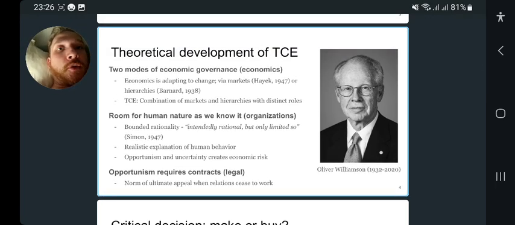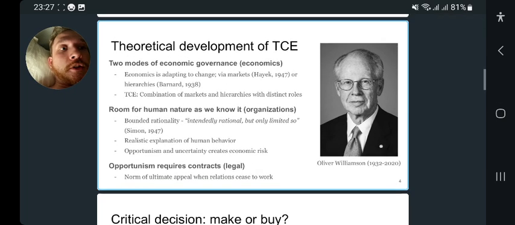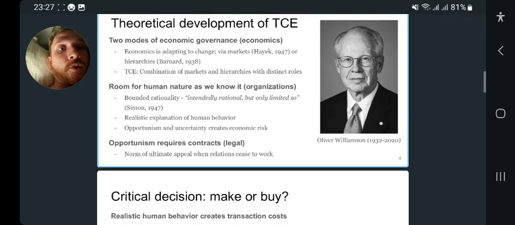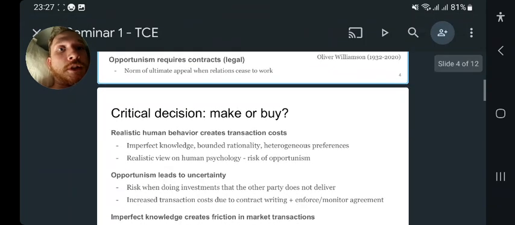And during this time, we also saw the development of relational forms of contracts. We recognize that not all transactions are written through a contract. Many of the transactions that we have are composed through relationships. But sometimes we need contracts when the relationships cease to work.